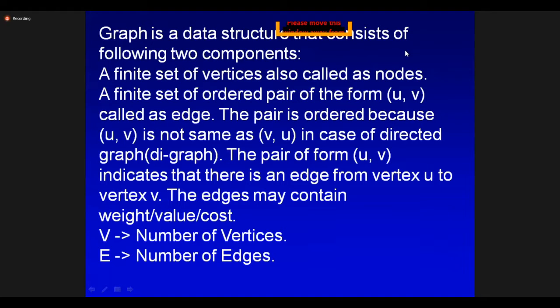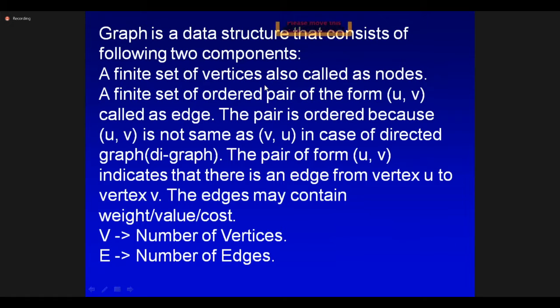Okay, so we'll start again. This graph is a data structure that consists of the following two components: a finite set of vertices, or nodes, and the connections between them, which are called edges. A finite set of ordered pairs is of the form (U, V).